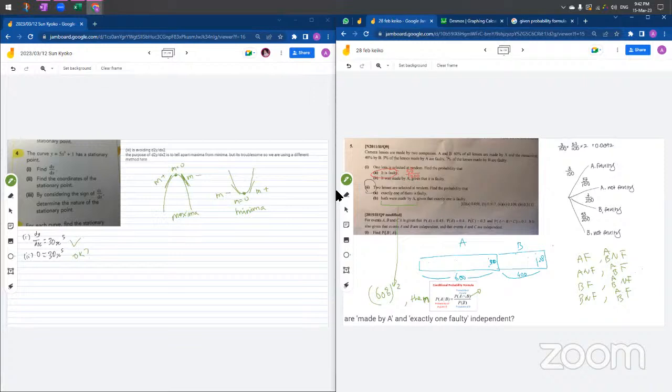Kyoko, are you stuck? Hey, Kyoko, what's going on here?